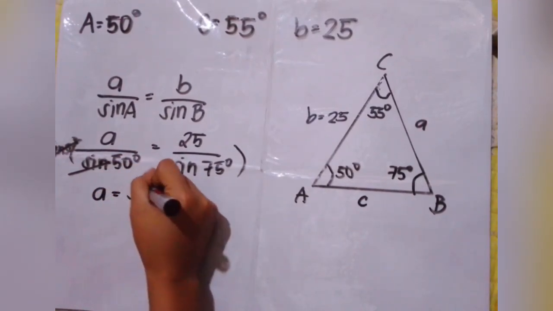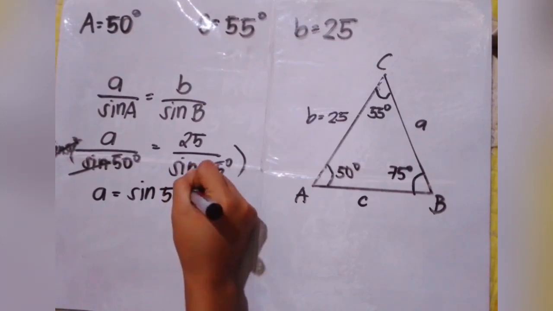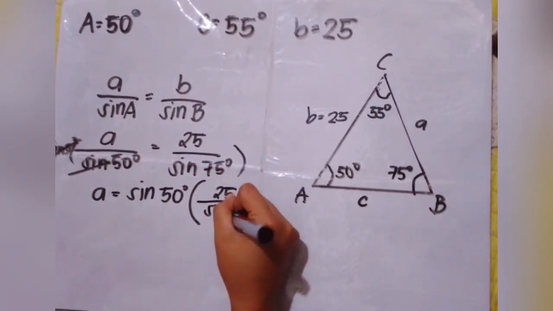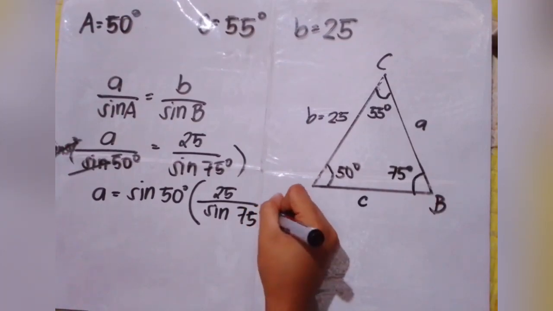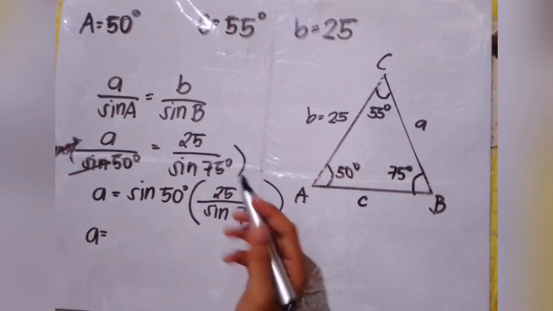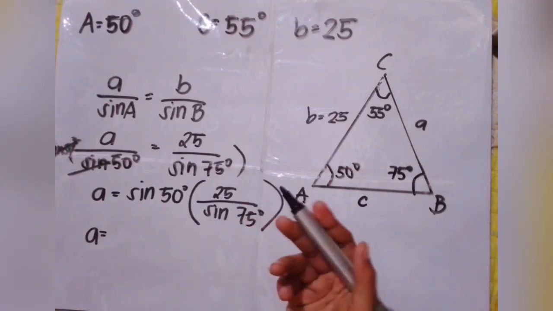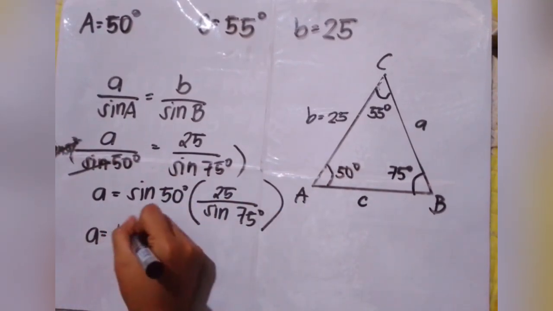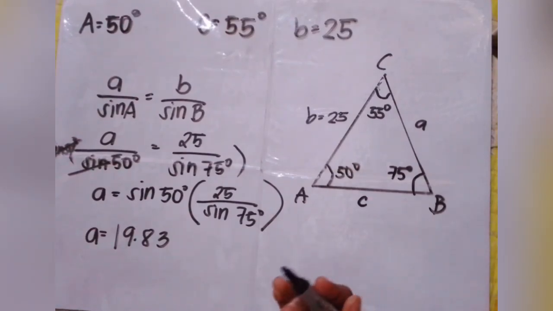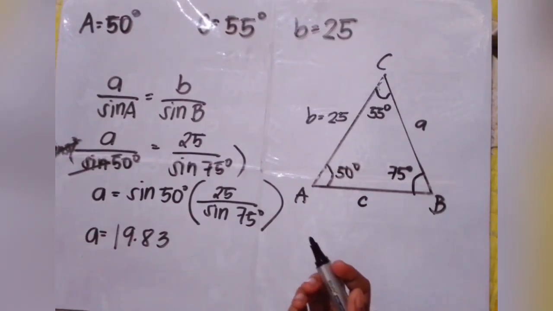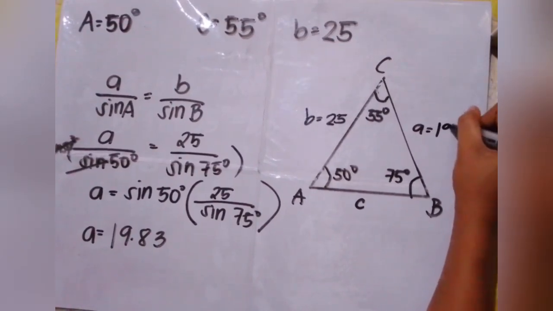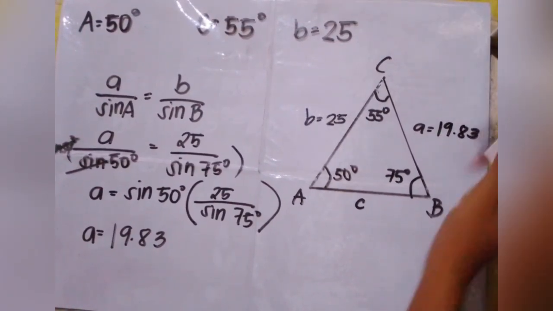Side A is equal to sine 50 degrees times 25 over sine 75 degrees, which is equal to 19.83. Therefore, our side A is equal to 19.83.